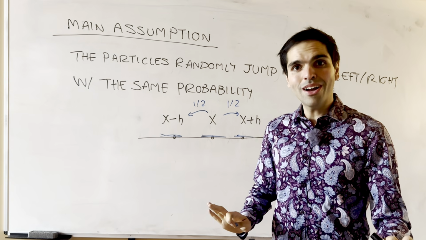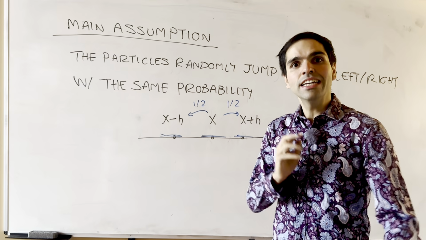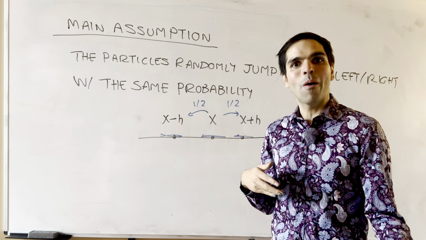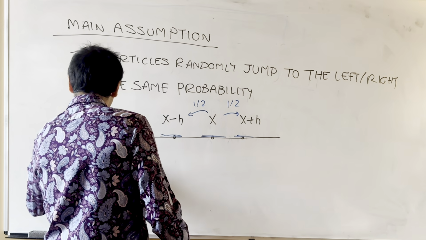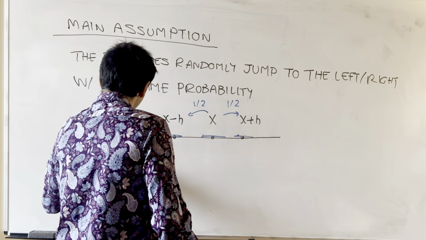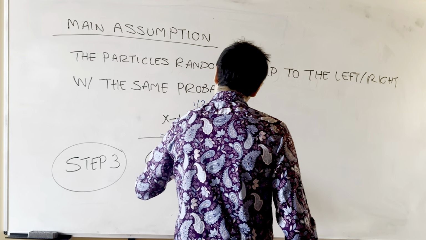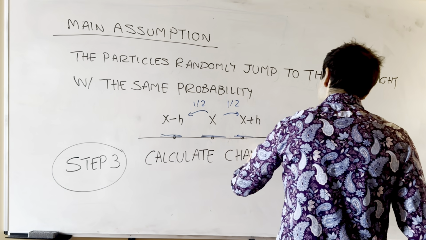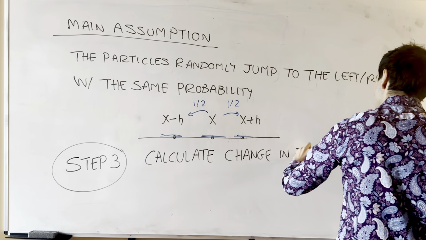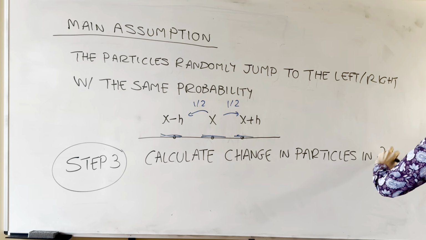Now, to derive the PDE, we want to calculate the change in the number of particles in 2 different ways. So step 3. Okay, so calculate the change in particles in 2 ways.